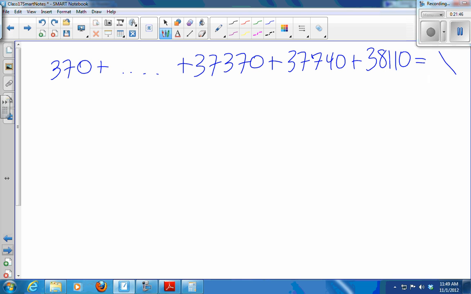And this has to add up to some amount that we don't know, right? And that amount should be the same if I write the sum backwards.